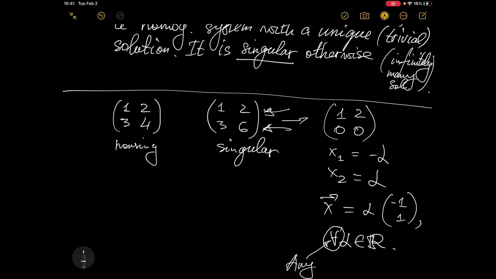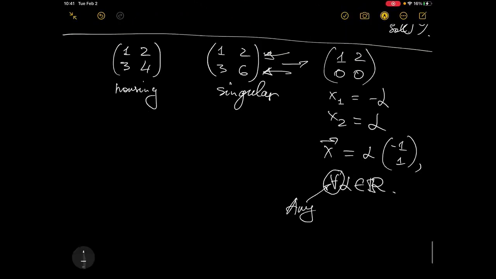Okay, so now the statement is the following: if you have a singular matrix, then you can have either no solutions or infinitely many.